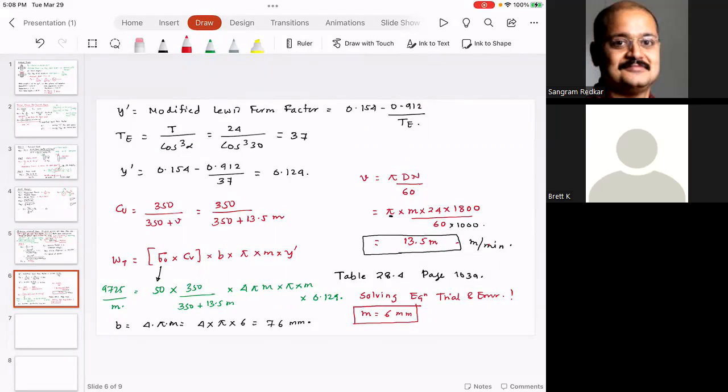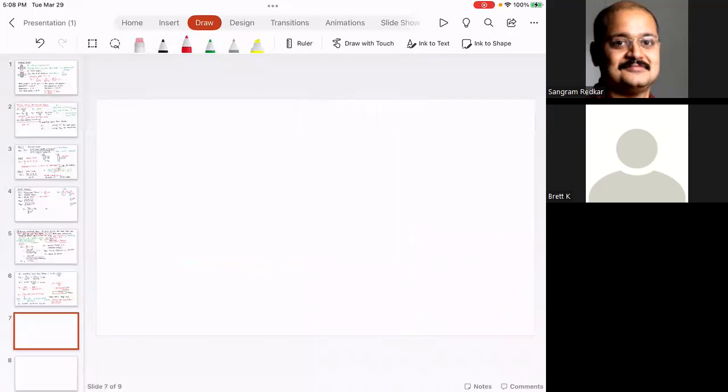So substitute those values, and please see if my module and my face width are the same. Moving on to the next step, which is the diameter of pinion, dp, which is 6 times 24, which is 144 millimeter.